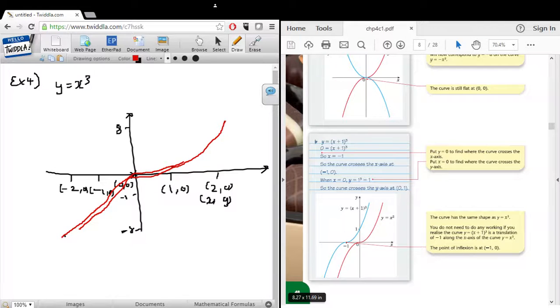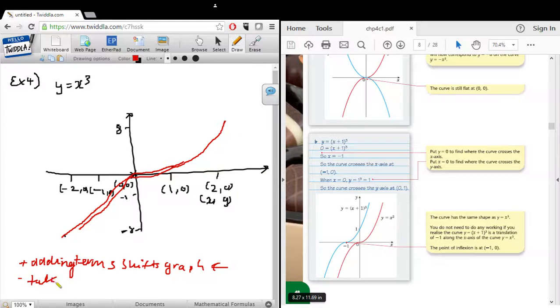So a good way to remember this is: adding terms, okay, shifts graph left.